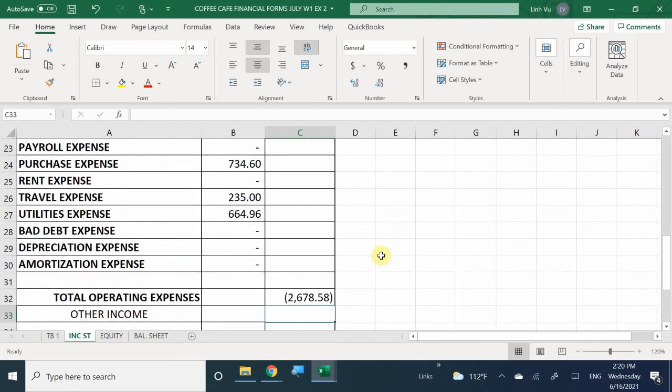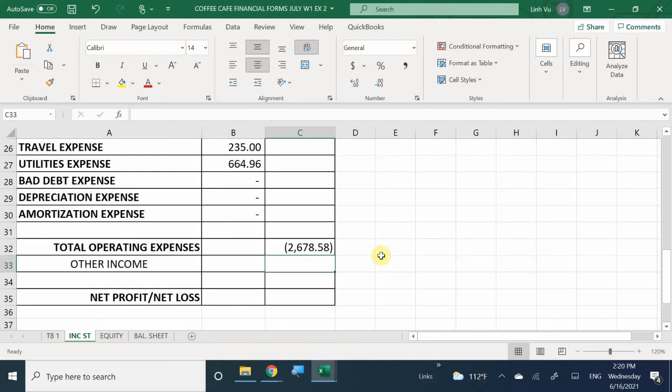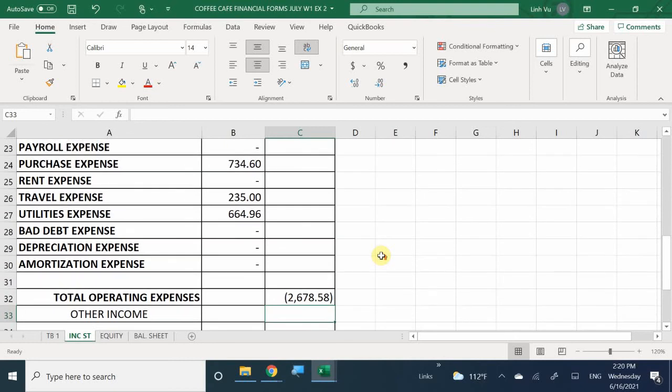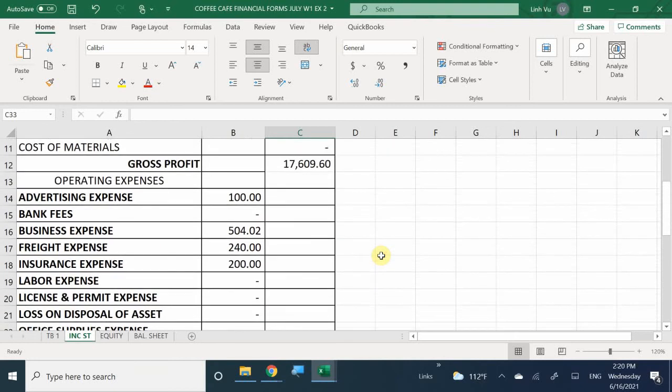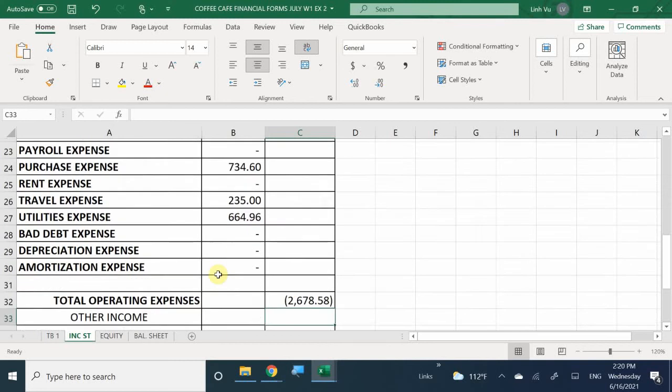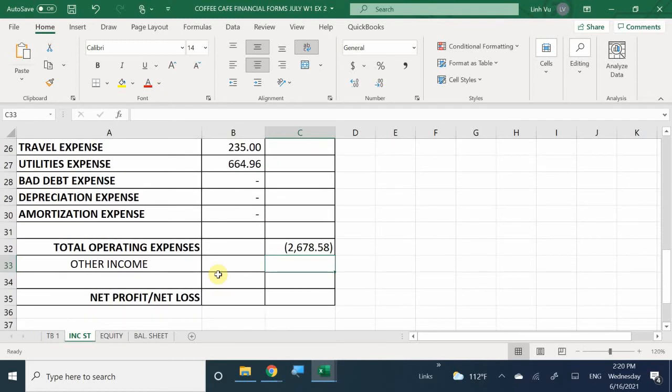Equal negative sum, and then we use all of operating expenses, this whole left column here. 2578.58.